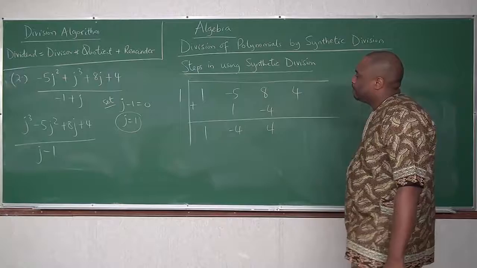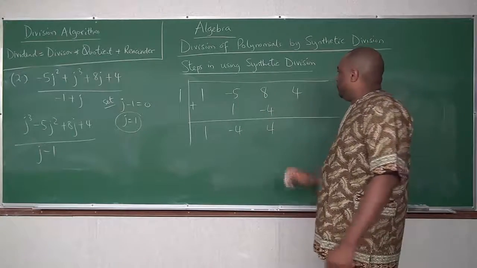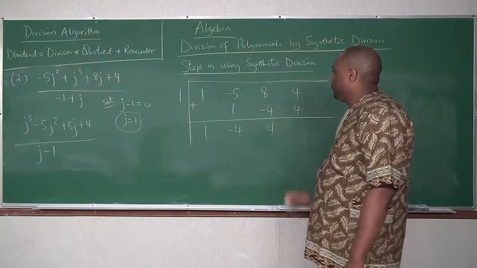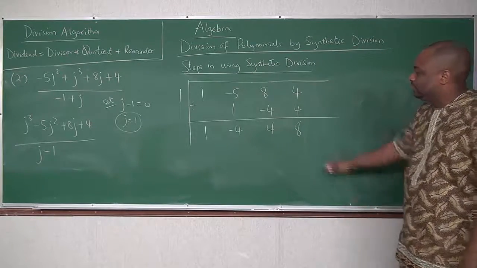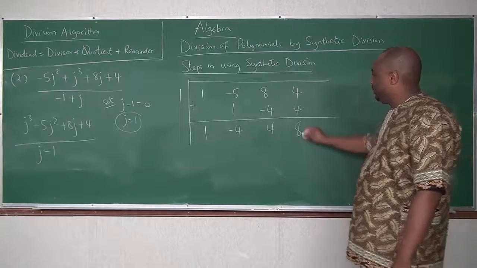1 times 4 is 4. 4 plus 4 is 8. So this gives me the remainder.